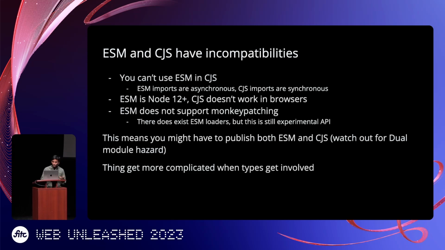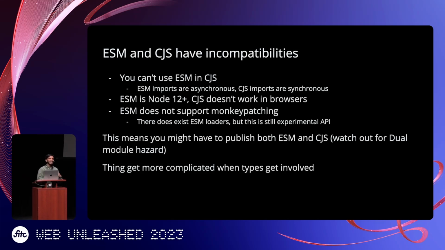So what's the solution here? Well, just publish both. Have a set of JavaScript modules, have some bundling and transformation process, and end up with both an ESM set of files, preferably with the ESM file extension, and a set of CJS files. You have to take some care because there's something called a dual module hazard, which you could probably write an entire thesis on.